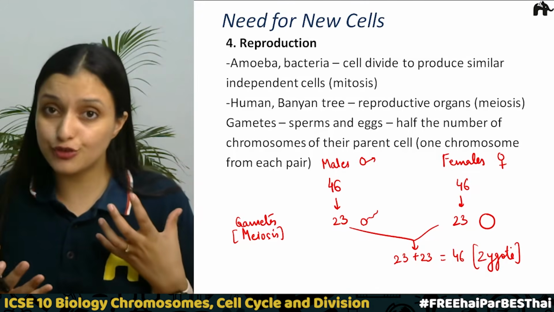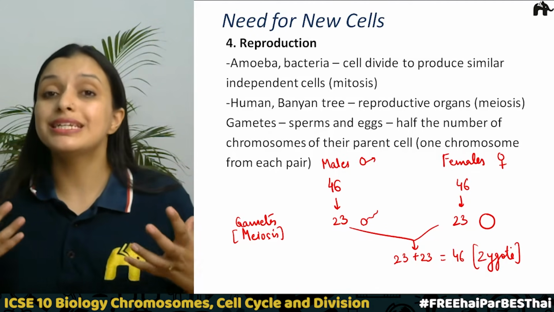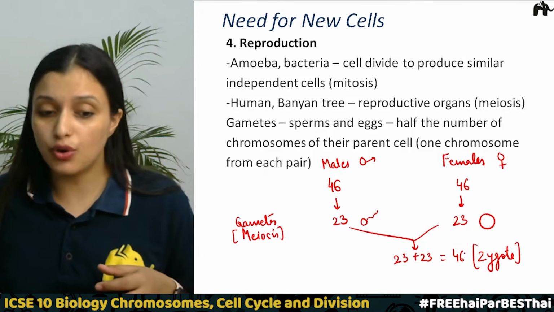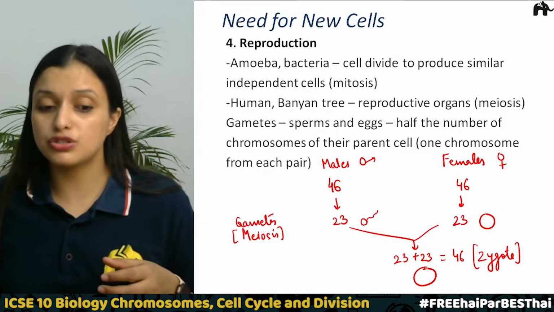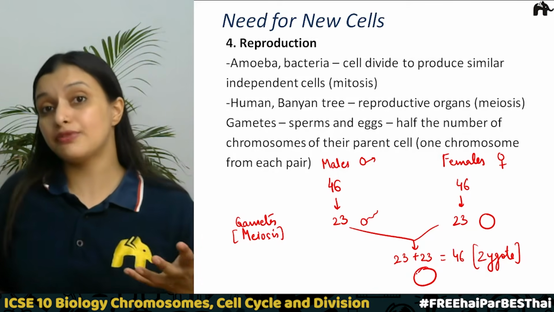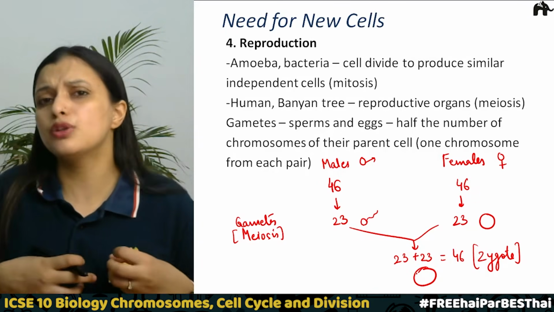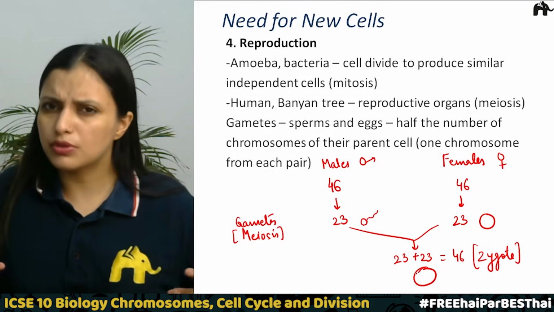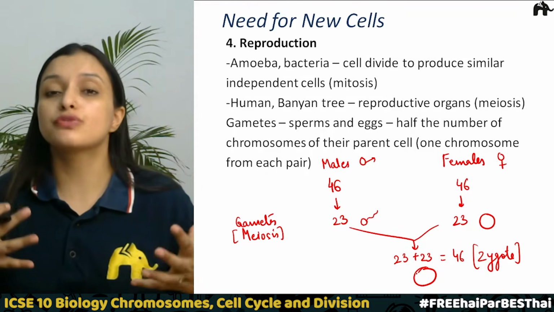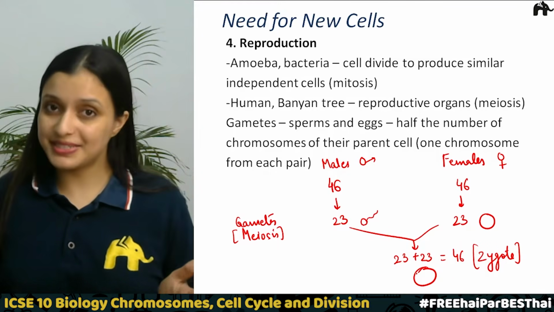So in case of reproduction also, we need cell division. Now this zygote will start dividing, and this single cell will grow into millions and billions of cells and produce a single organism, right?